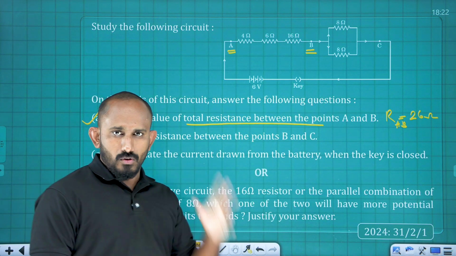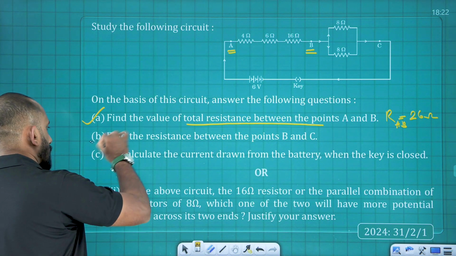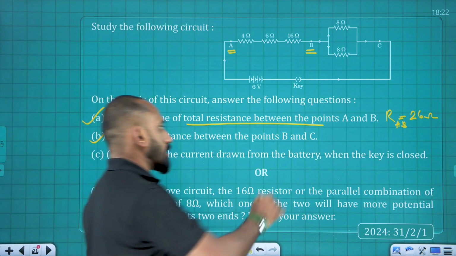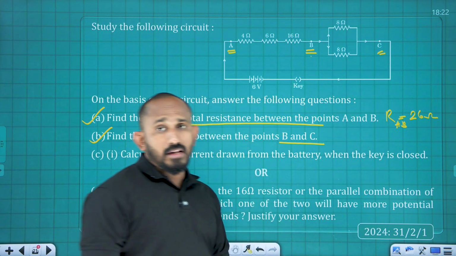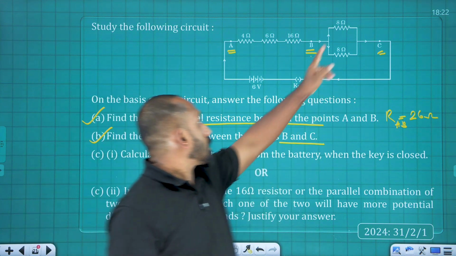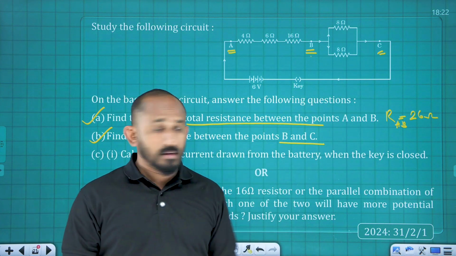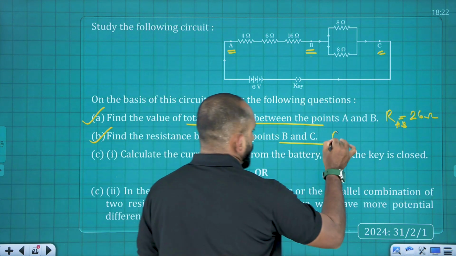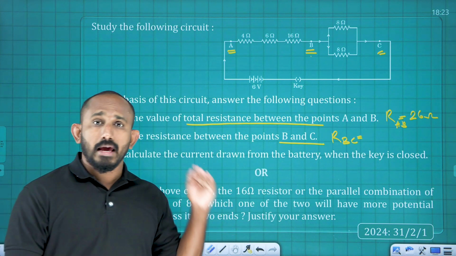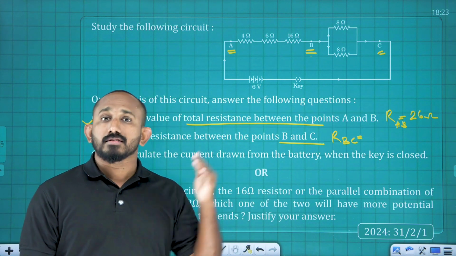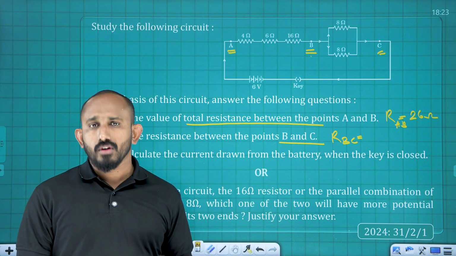Direct question, 1 mark you will get. B part, find the resistance between the points B and C. It is B, it is C. Between B and C, there are 2 resistors, 8 ohms in parallel. So RBC, 2 are there in parallel. So 1 by 8 plus 1 by 8 is 2 by 8, that's 1 by 4. That is 1 by RP.